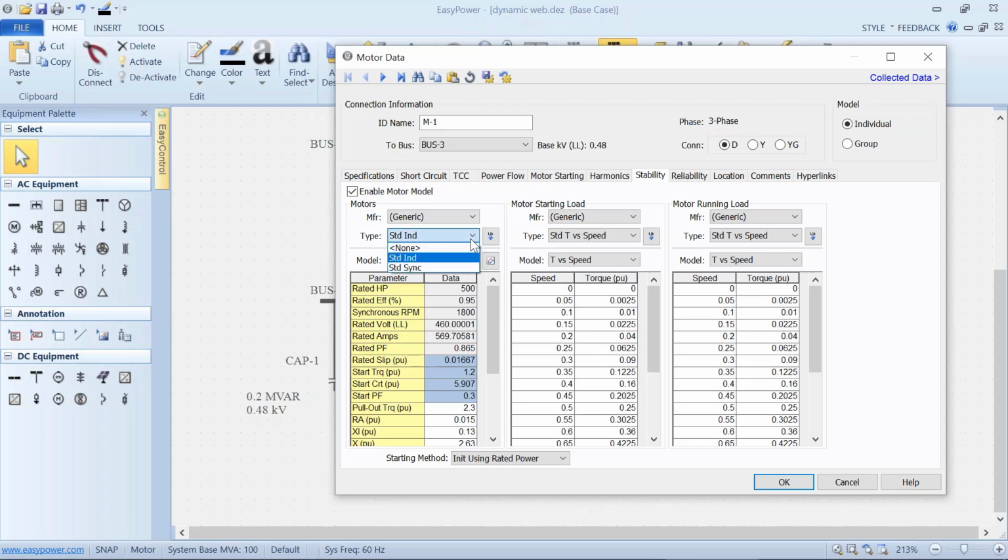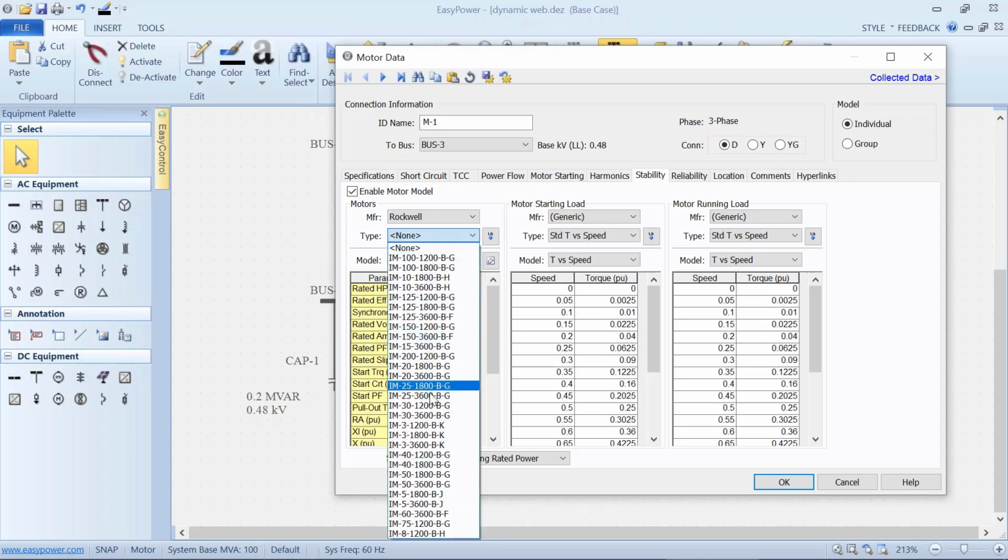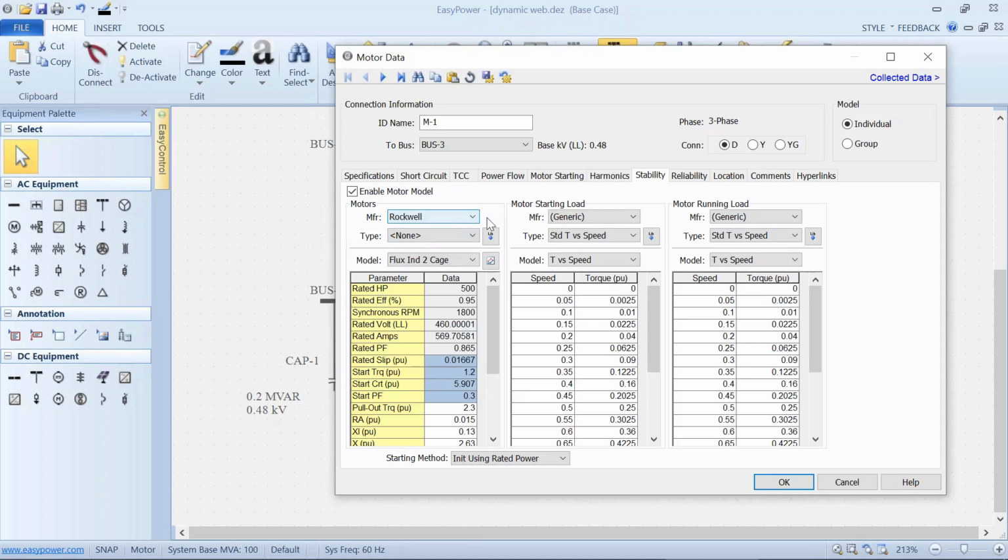Now, if I have a need to use something more specific, there are built into the library a whole host of standard profiles from a couple other manufacturers, and it may be worthwhile to pick up the more closely related RPM and horsepower rating versus what my system is showing.